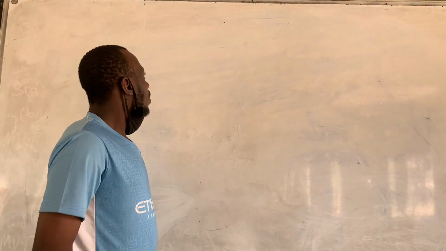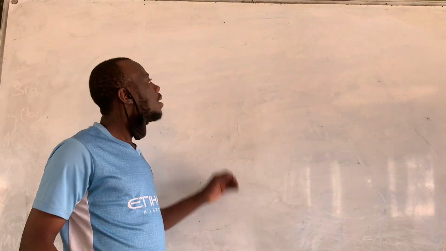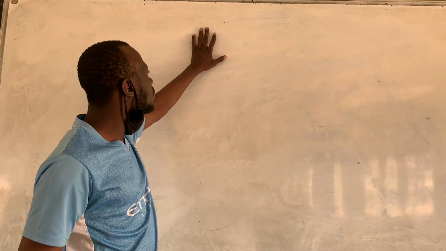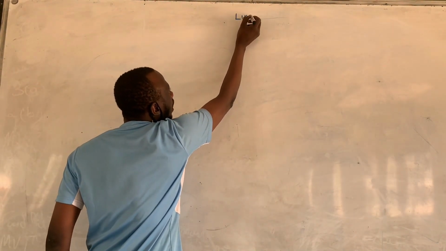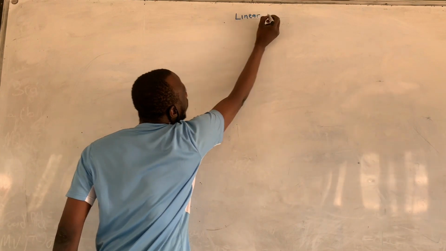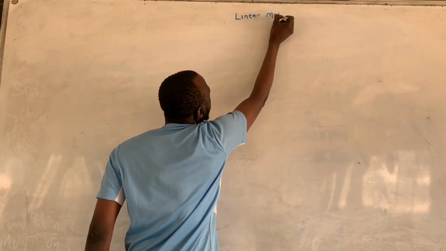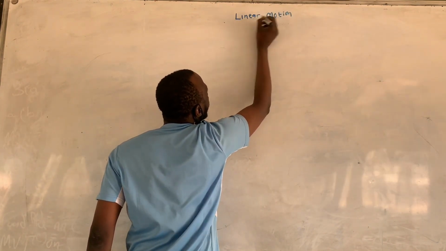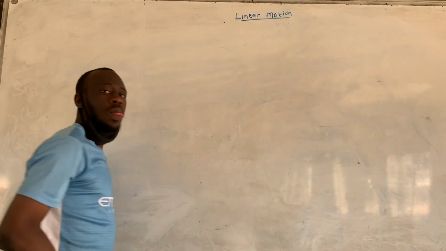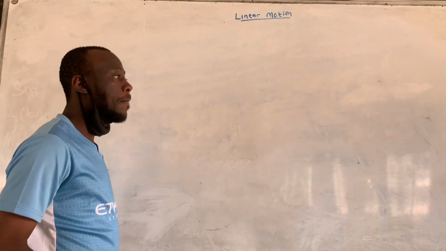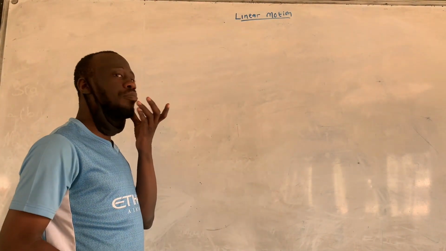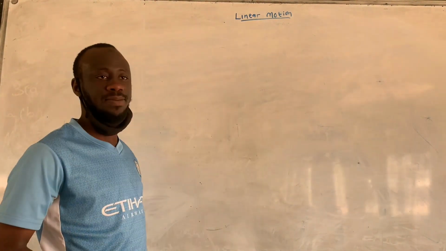So now I'm going to discuss linear motion. The word linear in this means straight line.